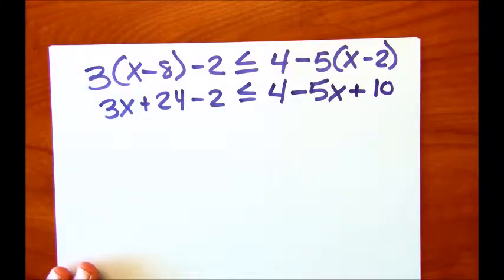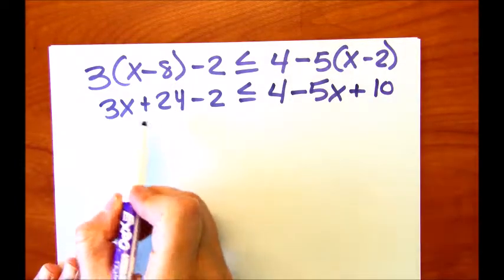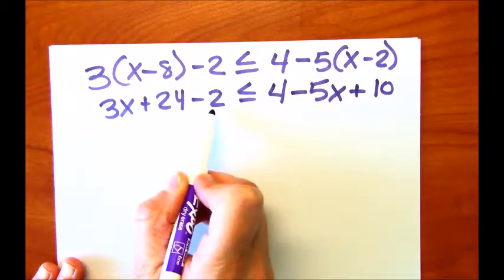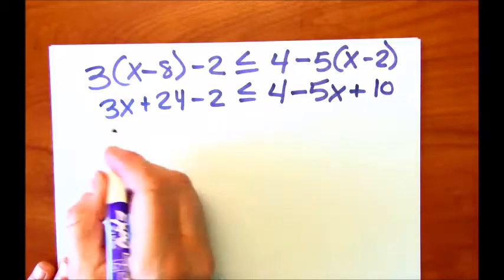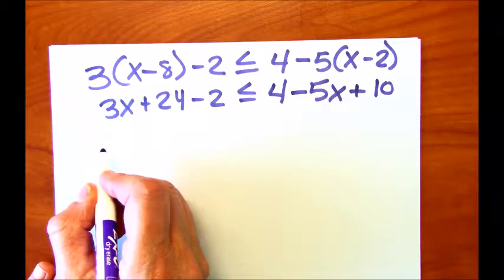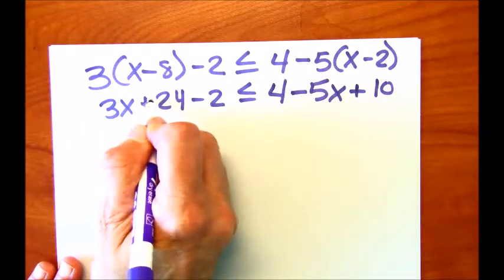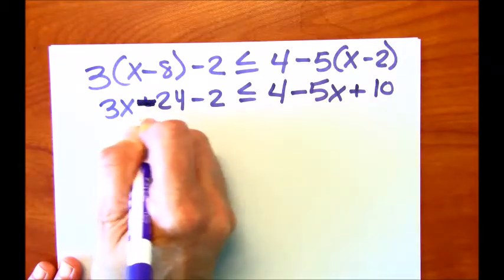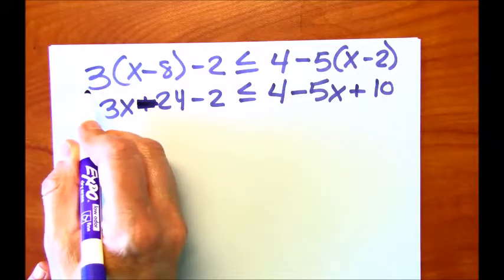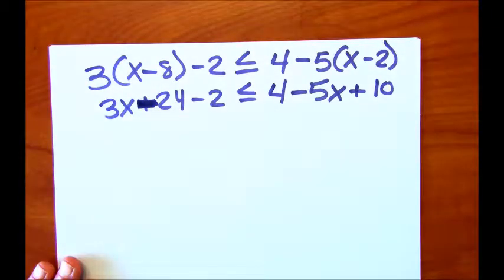All right, moving on, we can combine this 24 and minus 2, oh wait, I messed up here. This is going to be a negative. 3 times -8 is -24.